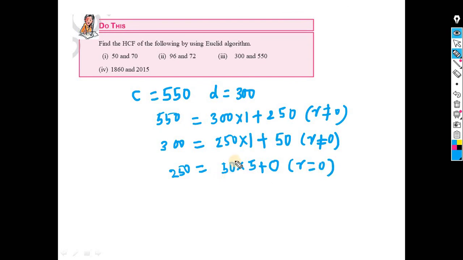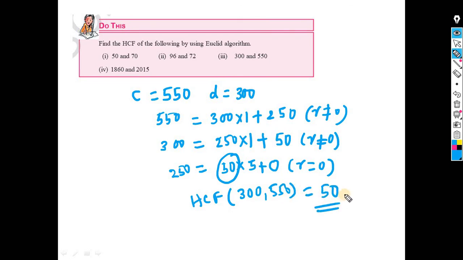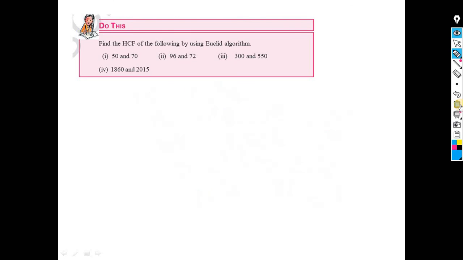In this case, the divisor you have here will be the HCF of 300 and 550, which is 50. I hope you understand the concept. Now we will see the last problem in this section. How do you identify the HCF of two given numbers using Euclid's algorithm?